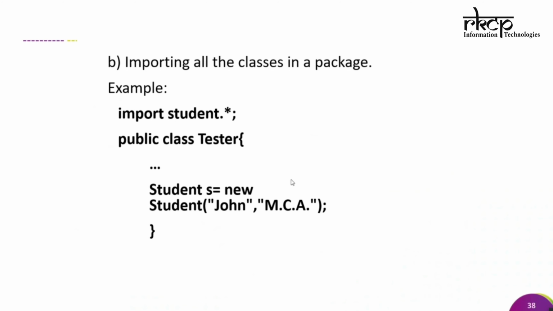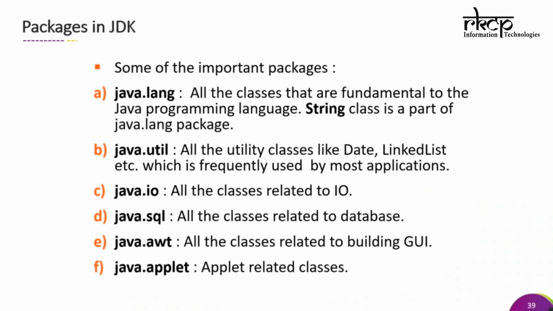Or you can directly write import package name dot star, meaning all the classes inside that package will be imported. After importing any class, you will be able to use it in your other package or other program. Java has given the entire JDK in the form of packages.